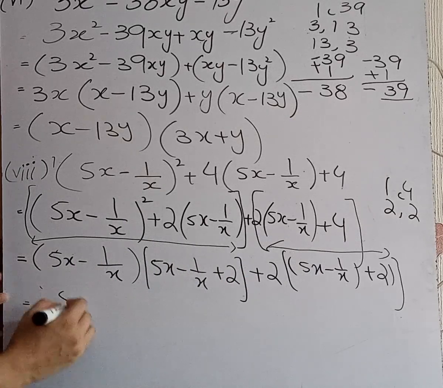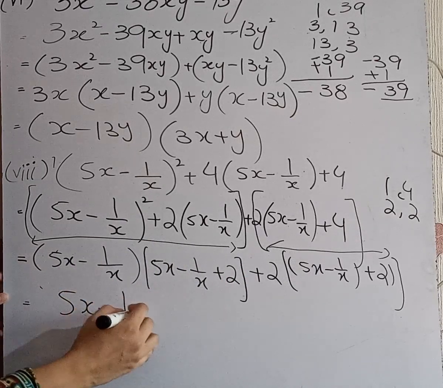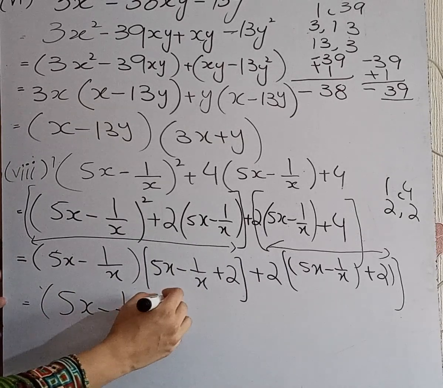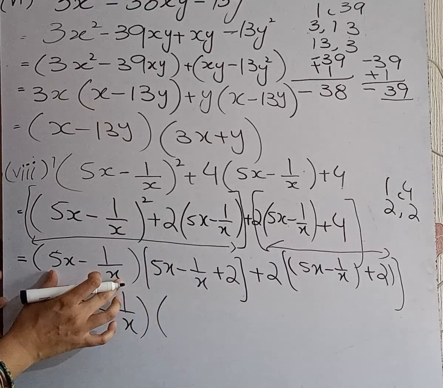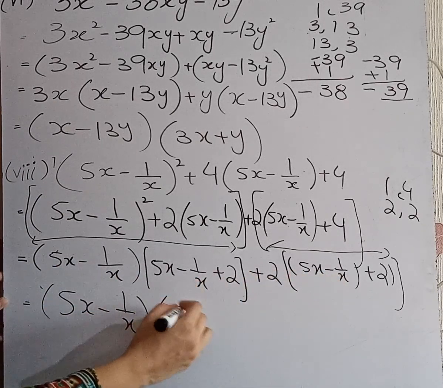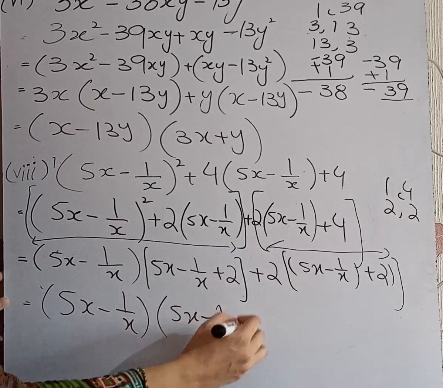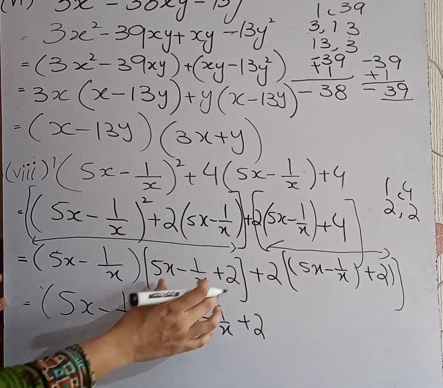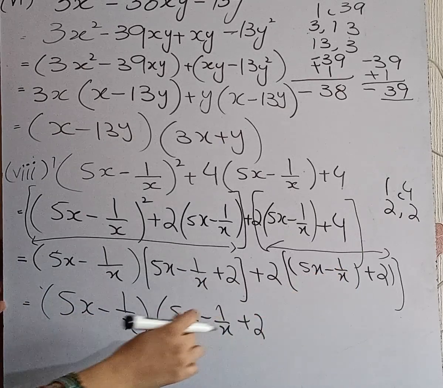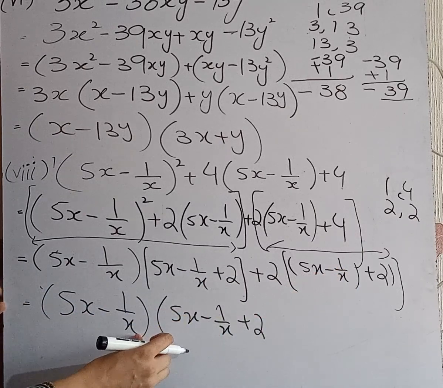So this will be 5x minus 1 over 5x, and because this has been taken as the common, what is left from here? 5x minus 1 over 5x plus 2, and from here what is left? Because this whole is the common from here.